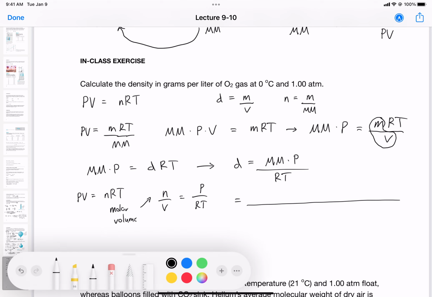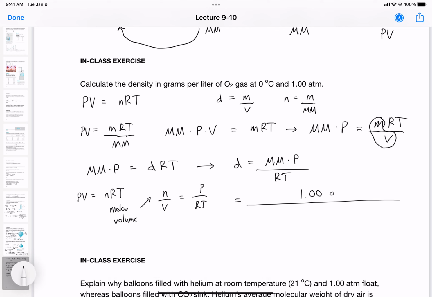So on the top of the fraction, we get 1.00 atmospheres. And then on the bottom, we get our gas constant, 0.08206 liters times atm over mole Kelvin, times the temperature, 273 Kelvin. So if we solve for that, we will get 0.0446 mole per liter.